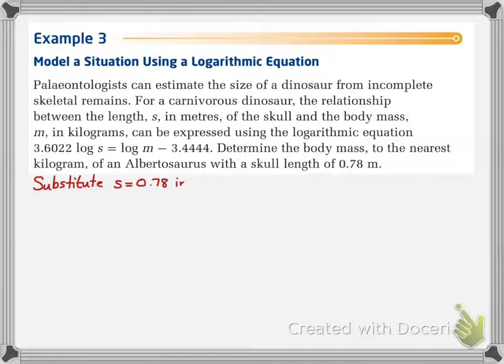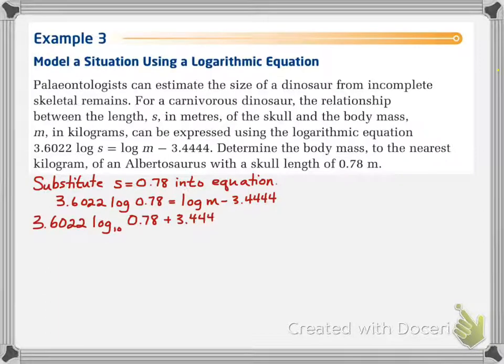Well, we're going to substitute s to be equal to 0.78 into our equation. 3.6022 times the log of 0.78 has to equal log m minus 3.444. We want to solve for m, so we're going to add 3.44 to both sides.